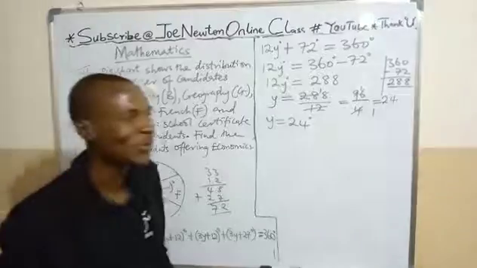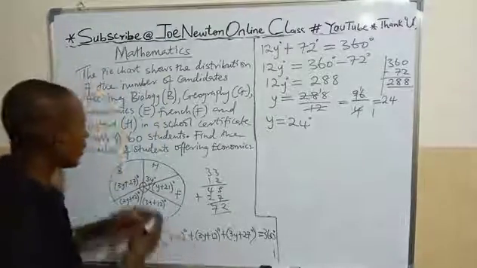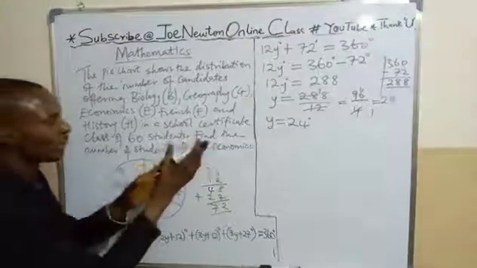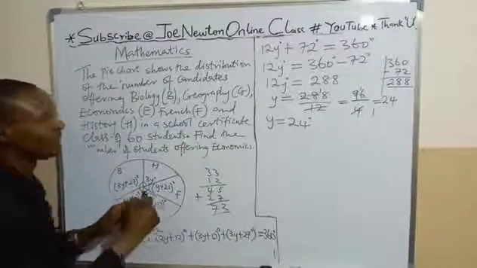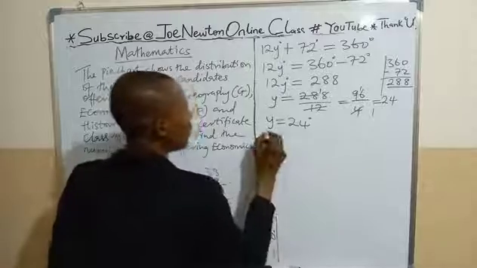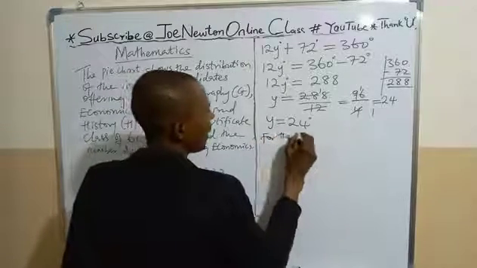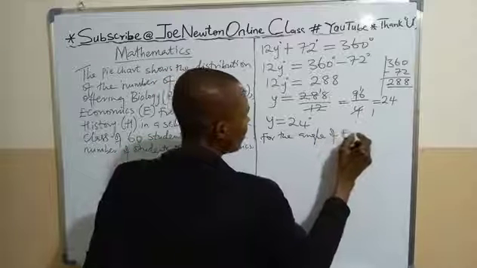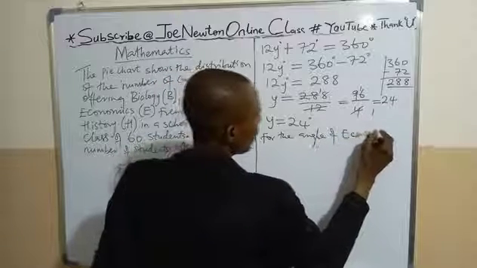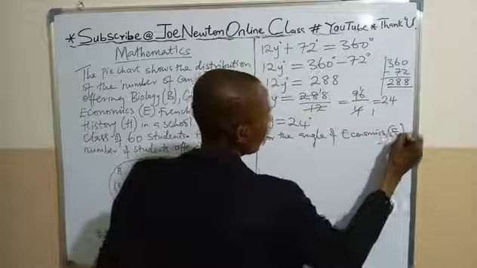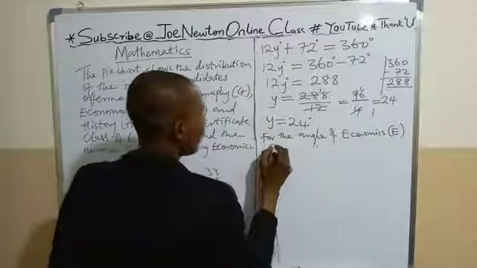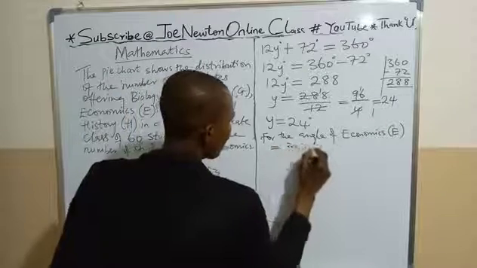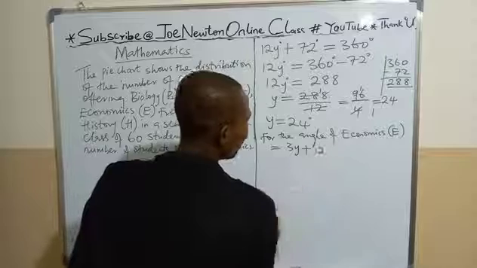So the next thing we are going to do now, we are only interested in economics as the question specifies. So we now substitute the value of y into that of economics. For the angle of economics, it was given as 3y plus 12 degrees.